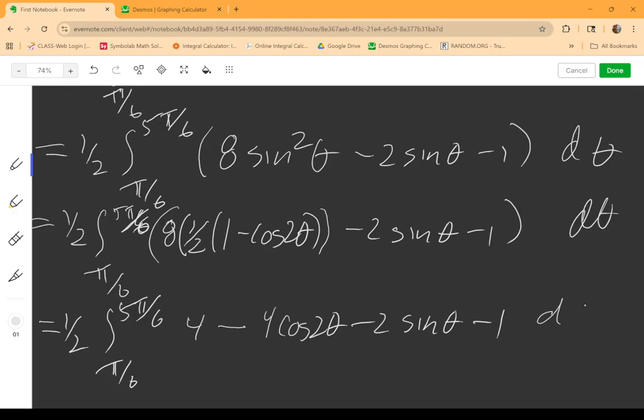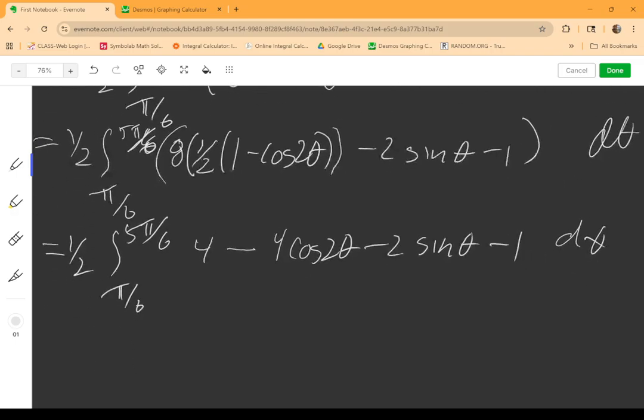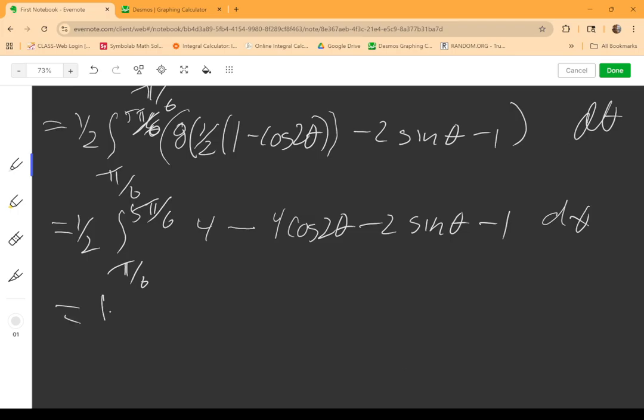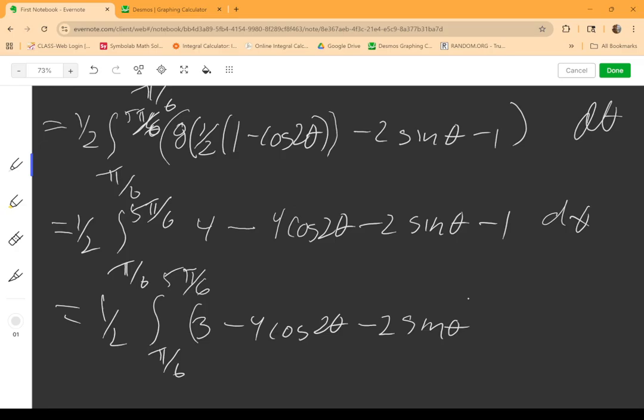And then we have one more like term here, 4 and 1. So we get 1/2 integral from pi over 6 to 5 pi over 6 of 3 minus 4 cosine of 2 theta minus 2 sine of theta d theta.